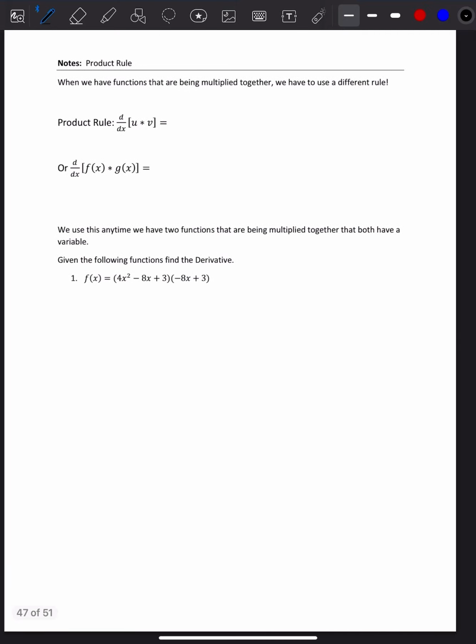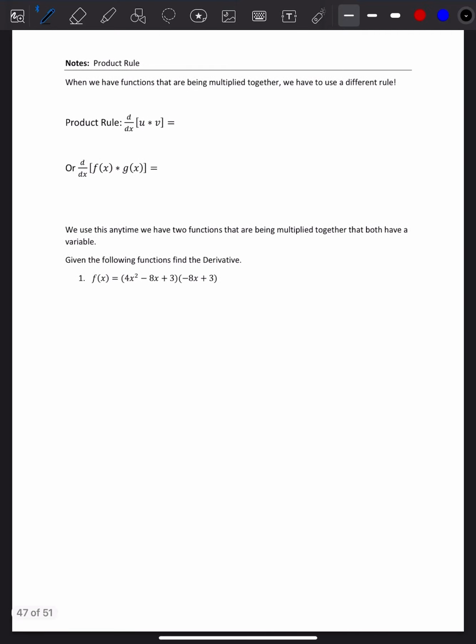For product rule, we have two different ways that we can write it: with u's and v's, or f of x and g of x. Our formula looks like this: u prime times v plus v prime times u. So the derivative of our first function times the original of our second, added to the opposite version of that.